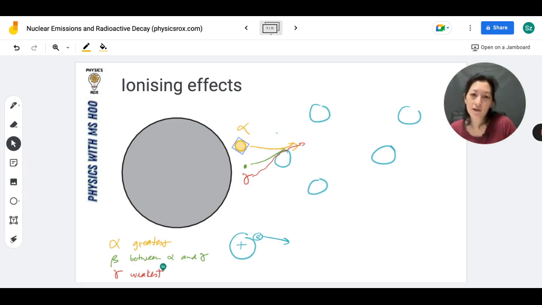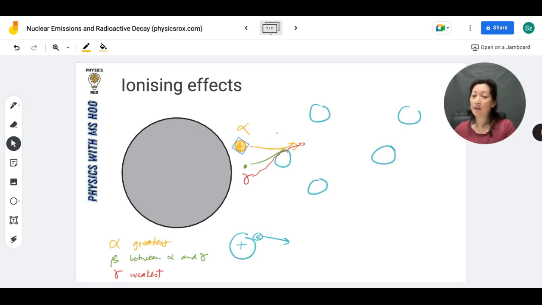Another way that you can also consider the ionizing is whether the particles are able to pull the electron out. So alpha, because it is made up of 2 protons and 2 neutrons, that means its charge is positive, right? So it's also easier for it to attract the electron out.